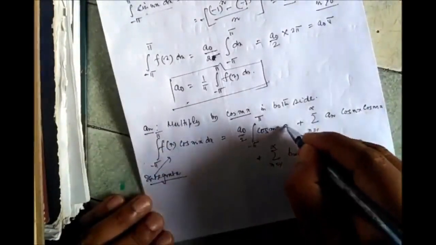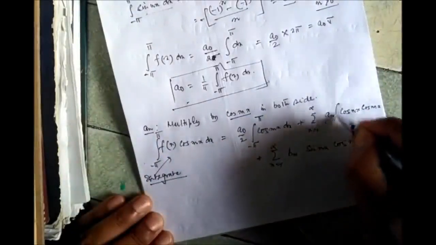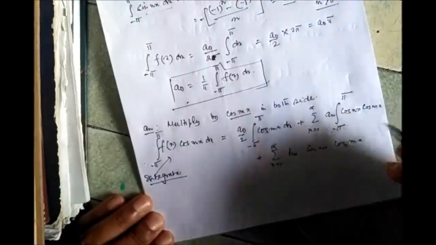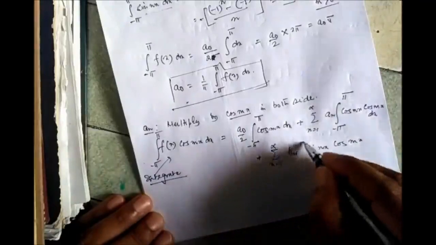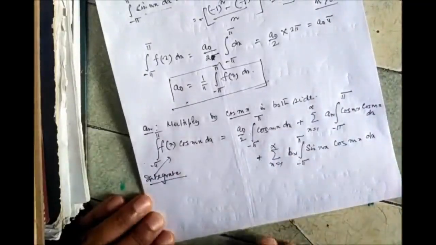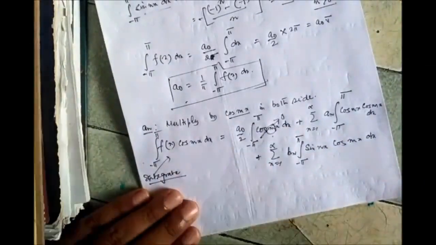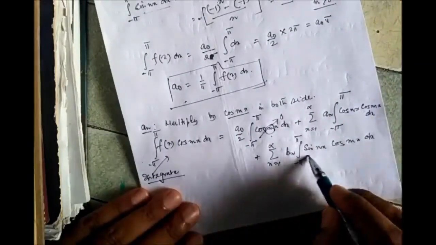So integration from minus pi to plus pi dx on each term. So if m is greater than or equal to 0, this function gives me 0, as I found earlier.